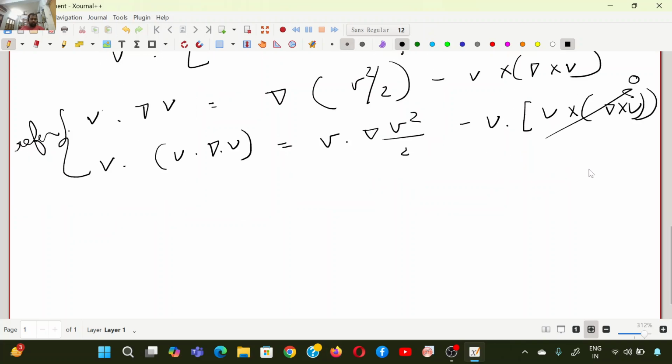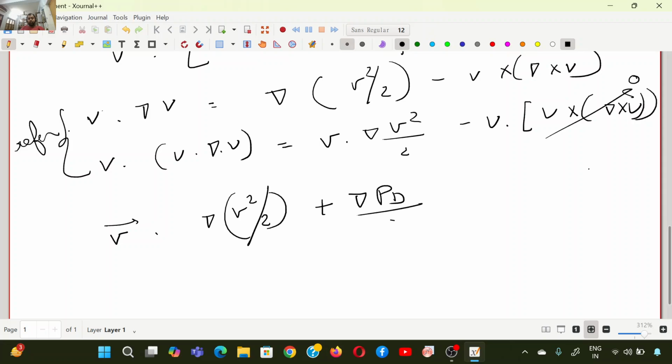So our equation will reduce to V dot del of V square by 2 plus del PD by rho is equal to 0.